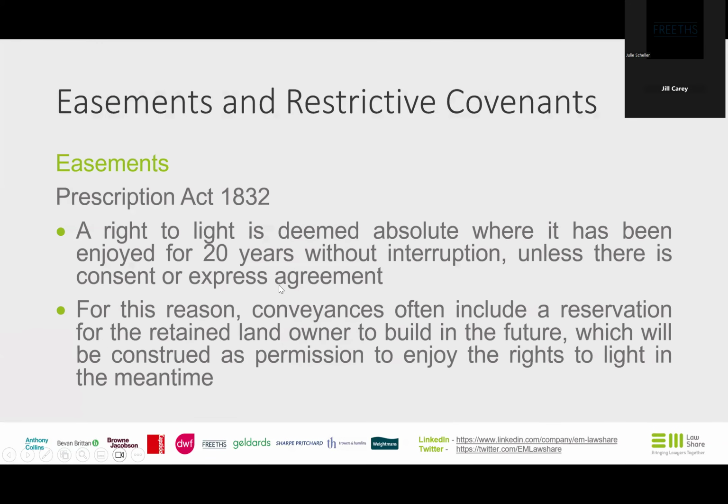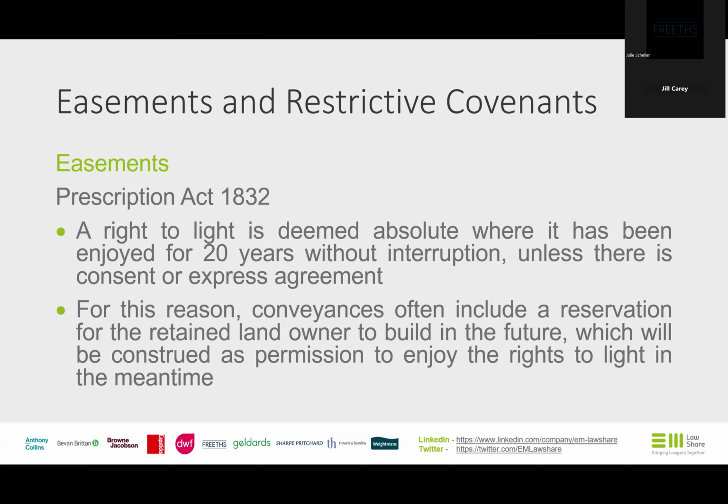It often comes up in conjunction with some of the other rights, particularly with right to light, where it's carved out under the Prescription Act that it will be an absolute right unless it's been enjoyed for 20 years without interruption, unless there is a consent or express agreement. And that, of course, can be a real problem for development, where the world is now changing and more and more land is being built on.